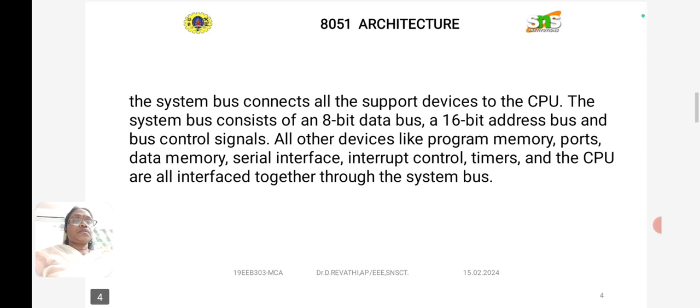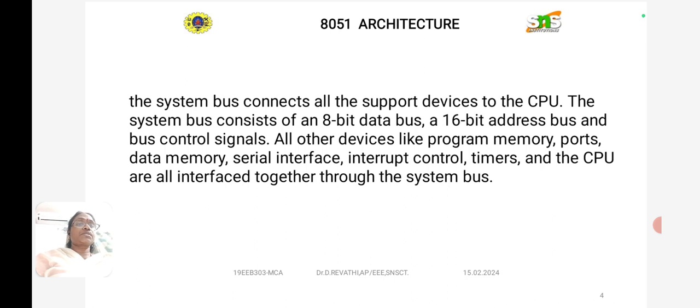And the system bus connects all the supporting devices to the CPU. There are three essential buses: address bus, data bus, and control bus. The address bus carries the address, the data bus carries the data, and the control bus decides the instruction which is going to be done.